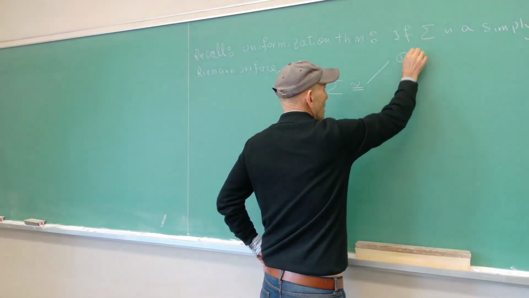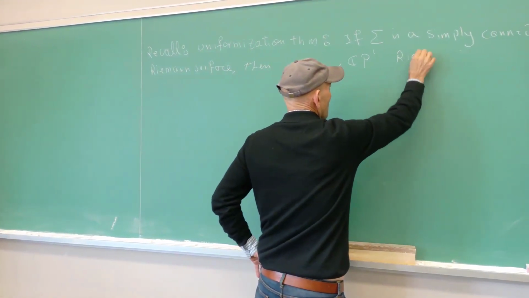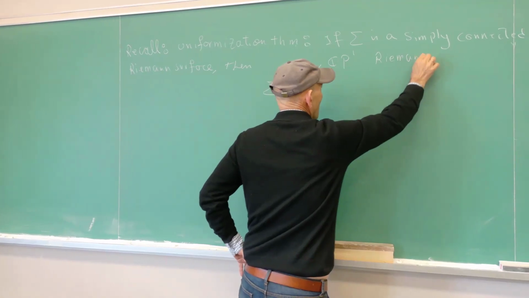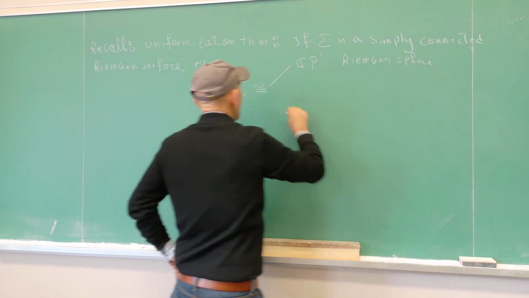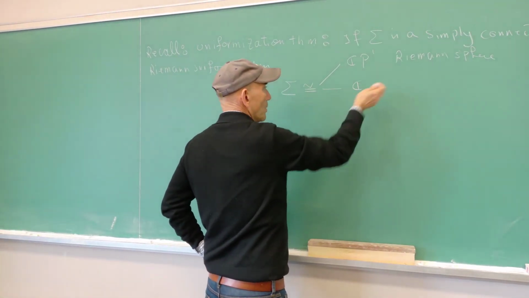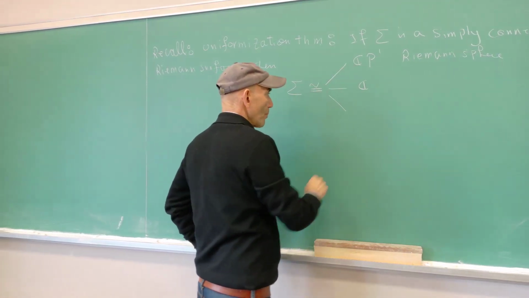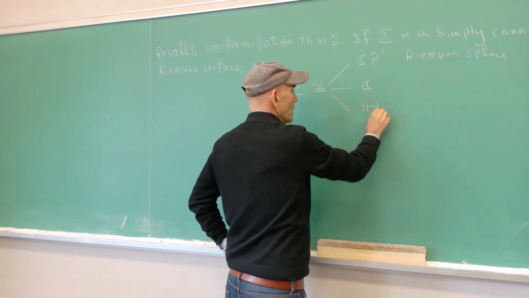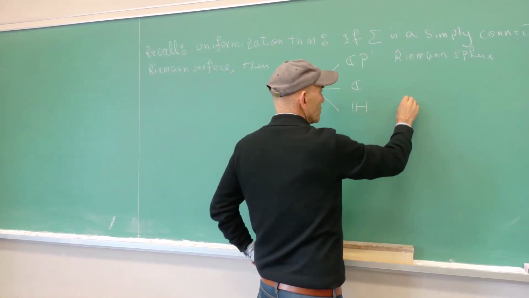either CP1, this is a Riemann sphere, or isomorphic to C, this complex plane, or isomorphic to H. So this is the Poincare upper half plane with its complex structure.